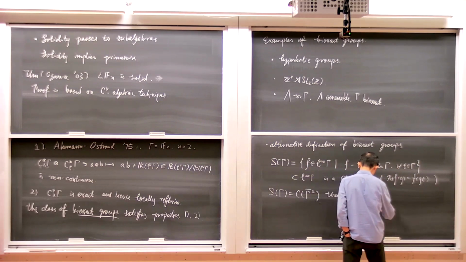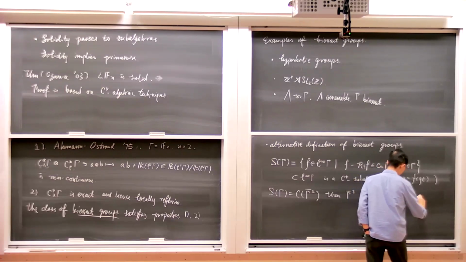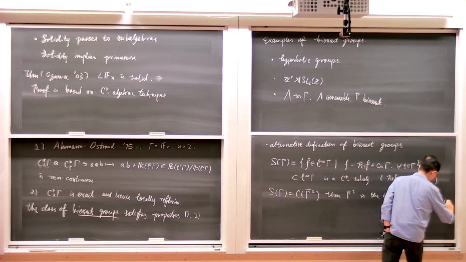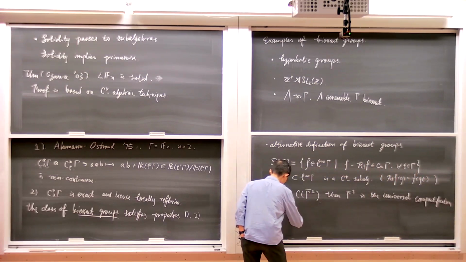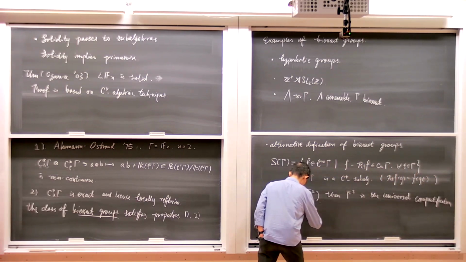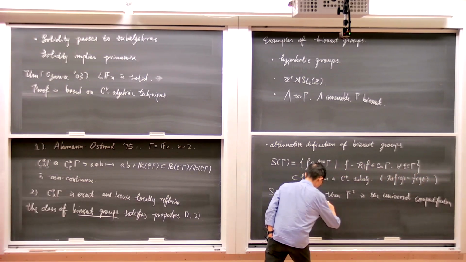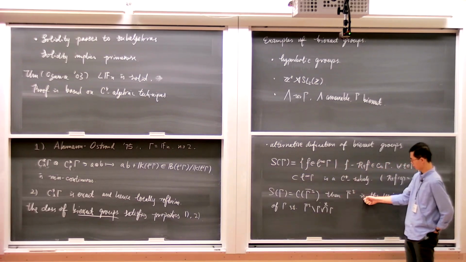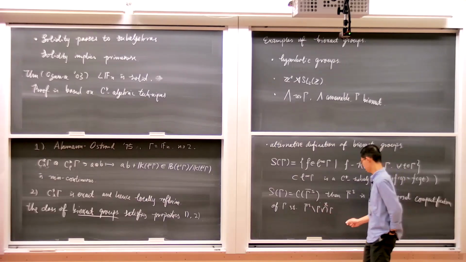So this is the universal compactification of gamma, such that if we look at the right action of gamma, we have a natural extension of the right action of gamma on itself to its compactification. And if we look at the right action on the boundary of the compactification, then this is trivial.